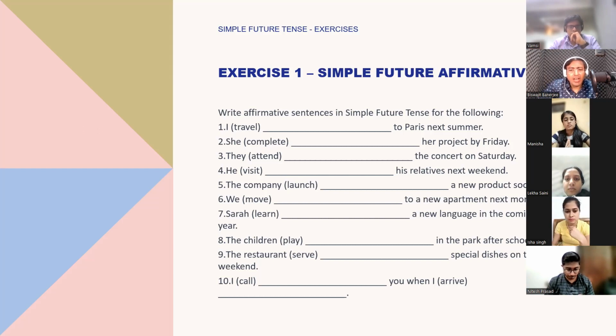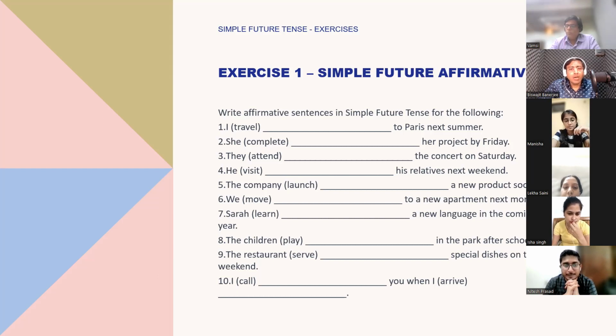Seema, Sarah dash a new language in the coming year. Sarah will learn a new language in the coming year. Correct. Vamsi, the children dash in the park after school. The children will play in the park after the school. Correct. Manisha, the restaurant dash special dishes on the weekend. The restaurant will serve special dishes on the weekend.